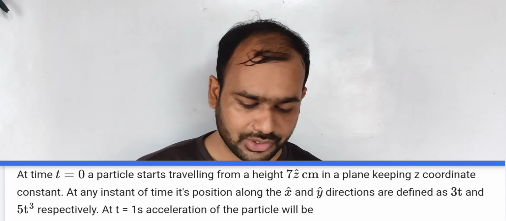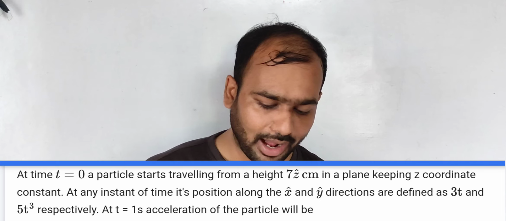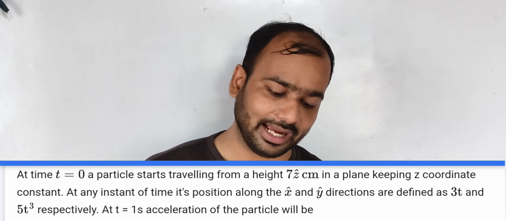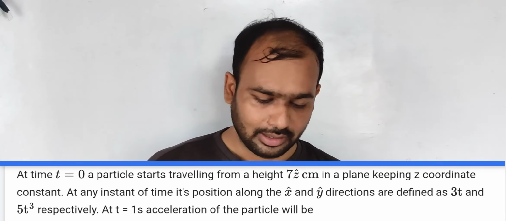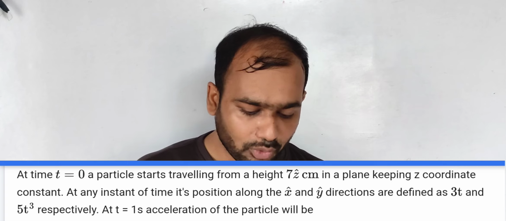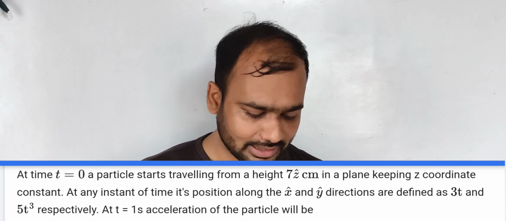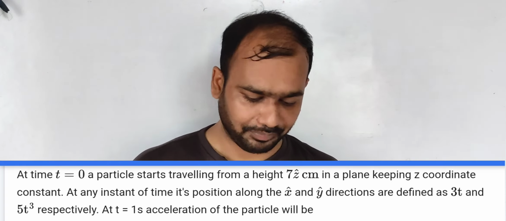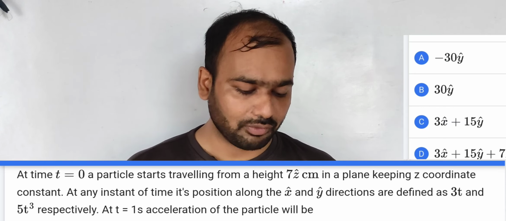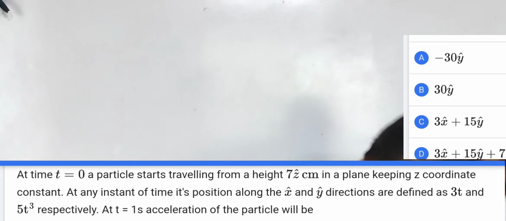At time t equal to 0, a particle starts traveling from a height 7 j cap centimeter in a plane, keeping the j coordinate constant. The question tells us that at any instance of time, its position along x axis and y axis are 3t and 5t square. At t equal to 1, the acceleration of the particle will be, four options are given.